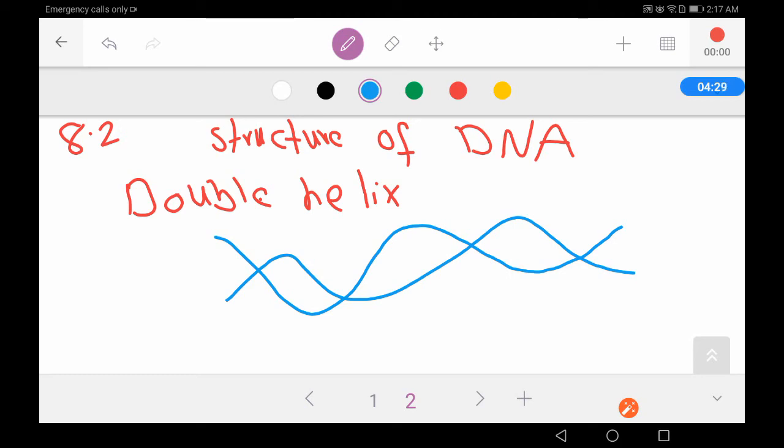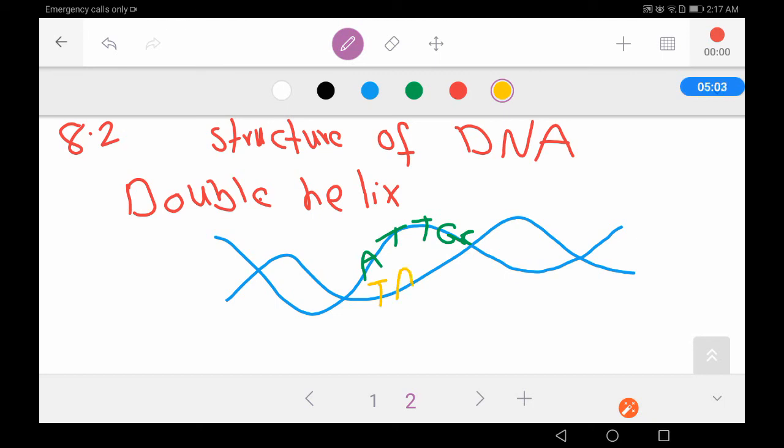Okay, and the strands, guys, are complementary to each other, that they fit together and they are opposite of each other. How? For example, if we have adenine, thymine, guanine, cytosine, if you have this sequence of DNA, on the other strand we will have adenine pairing with thymine.